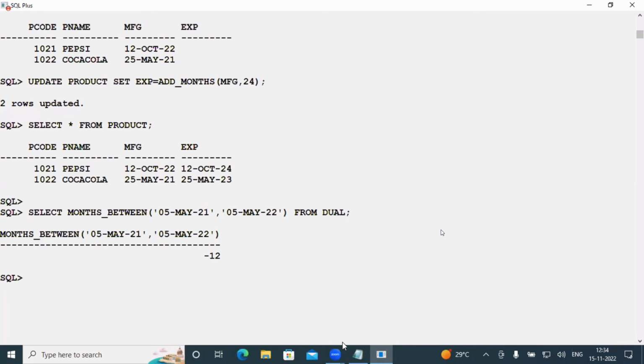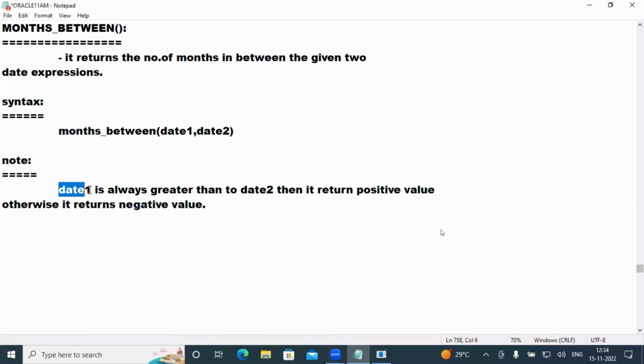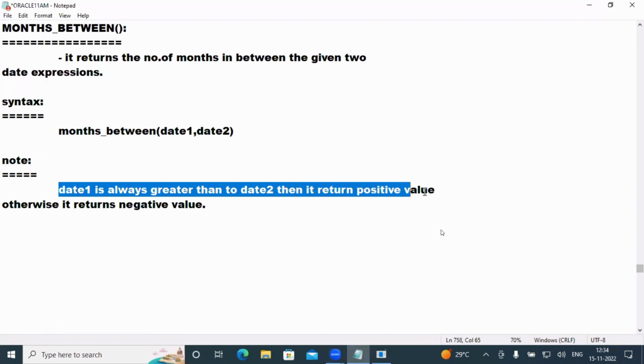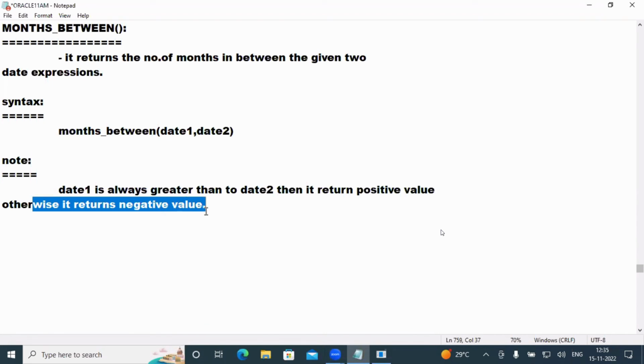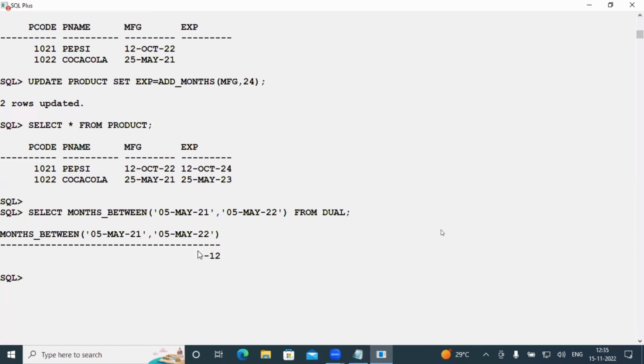So that's why the point I said here. What is my point? Date 1 is always greater than date 2, then it returns a positive value. Otherwise, it returns a negative value. So a negative value is returned. That's why your date 1 should always be greater. So 22. And you can go and check.